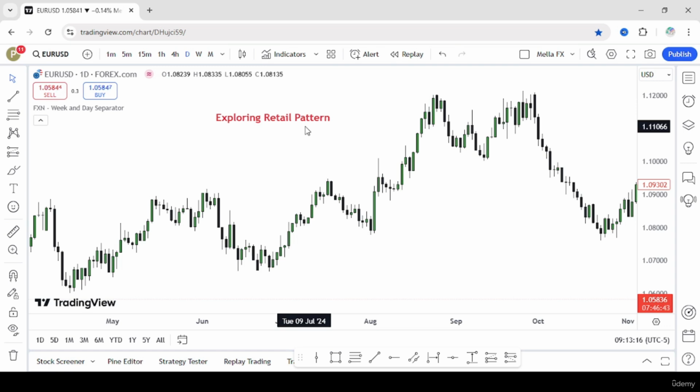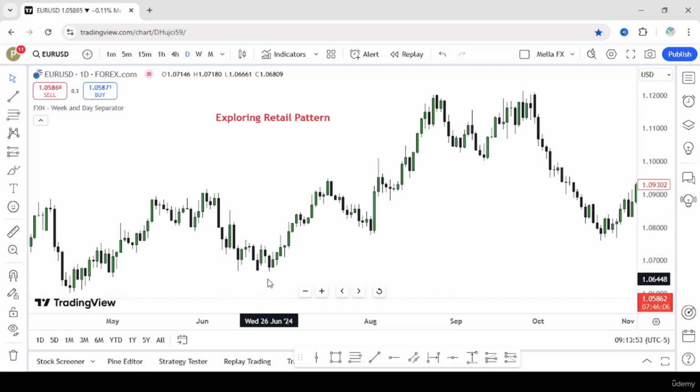The idea is that if we are in a bullish market and the market begins to make higher highs and higher lows, like in this price action, a retail trader will come and outline imaginary diagonal lines that seem to support price to make it go higher.